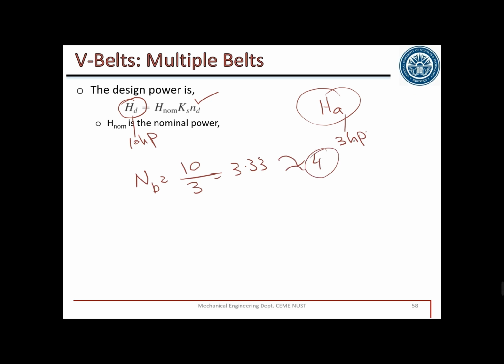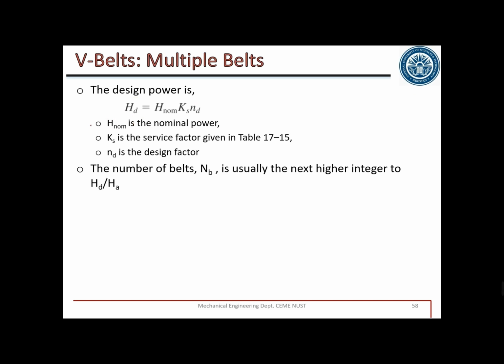So we have to use 4 belts where one single belt can provide 3 horsepower. So 4 belts can easily provide a power of 10 horsepower. So that's how we calculate the number of belts required for our system, and that has to be a round number, 1, 2, 3, 4, because we cannot use 2.5 belts or 3.5 belts.